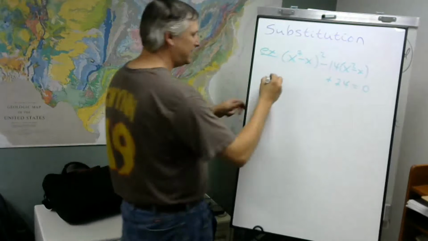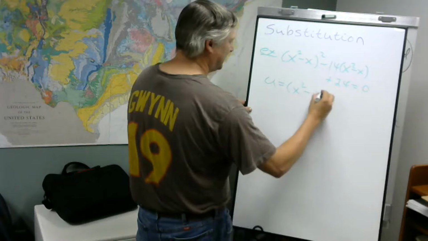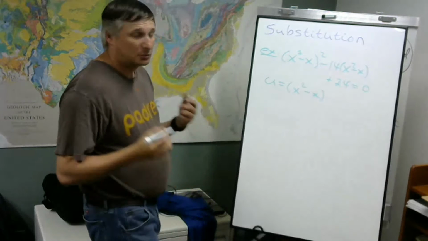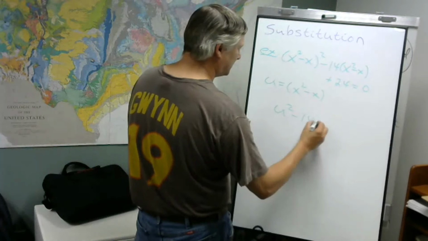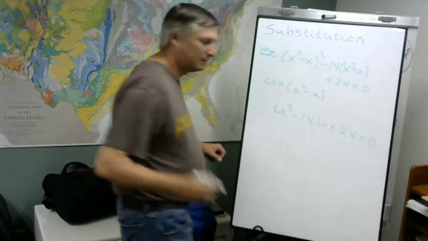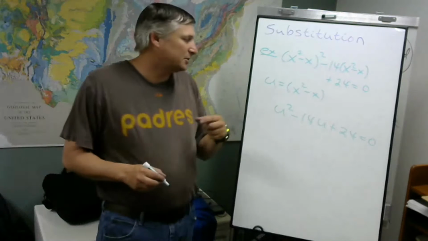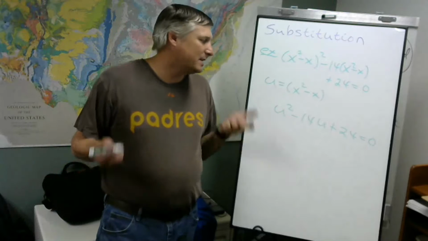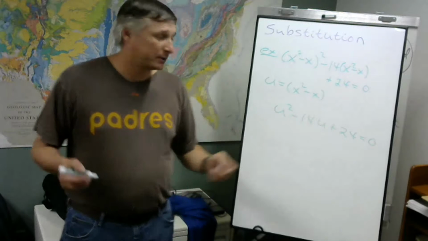In this case, let u be x squared minus x. So we end up getting u squared minus 14u plus 24 is equal to 0. And again, we could use guess and check: two numbers that add up to negative 14 but multiply to 24.